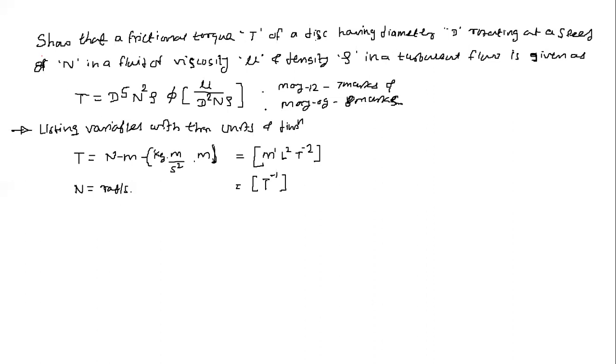T is over. Now we'll go for d. So d is a diameter. What is the unit for d? Meter. Right, that is a meter. So if the unit is a meter, then what will be its dimension?